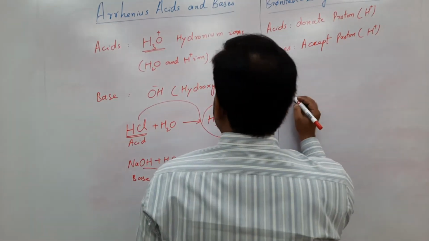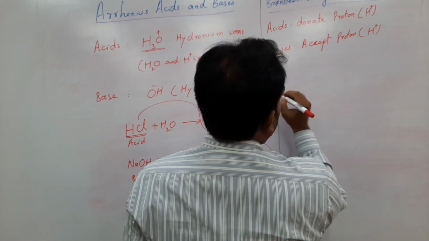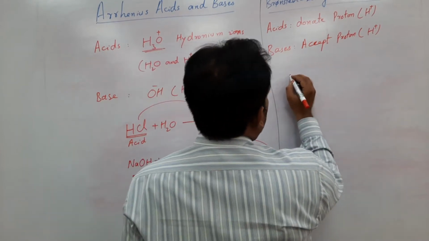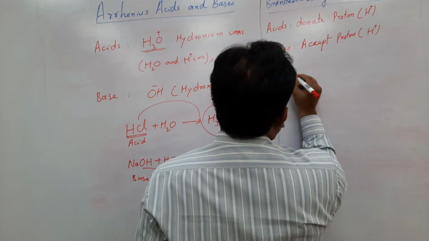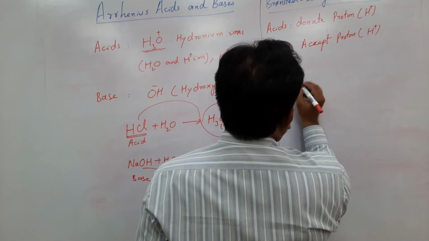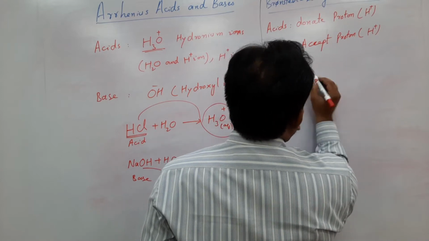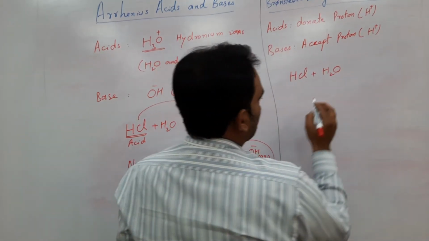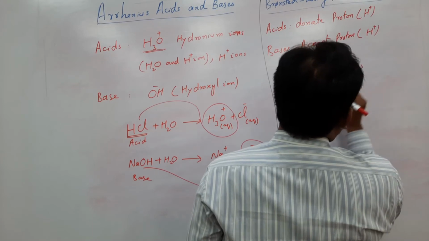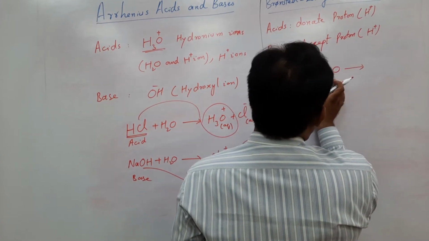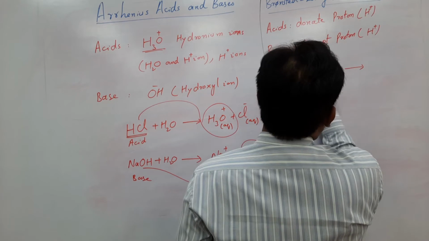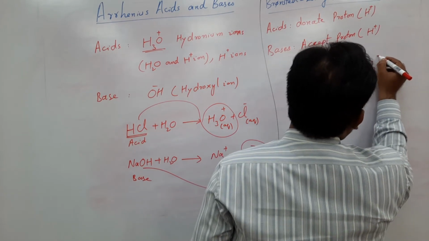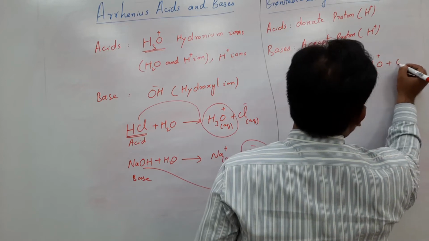For example, in case of an acid, suppose you have HCl and you have water over here. Actually, what are we doing over here? This proton will be given to water and it will give you hydronium ion, and here you have Cl.